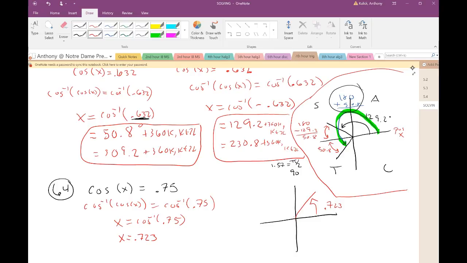Okay. The other place where cosine is positive is in the fourth quadrant, all silly turtles crawl. And I know this angle has to be the same as its reference angle. So this spot here, before when we did it, was 360 minus that angle, but since we're dealing with radians, it's going to be 2 pi minus that angle.